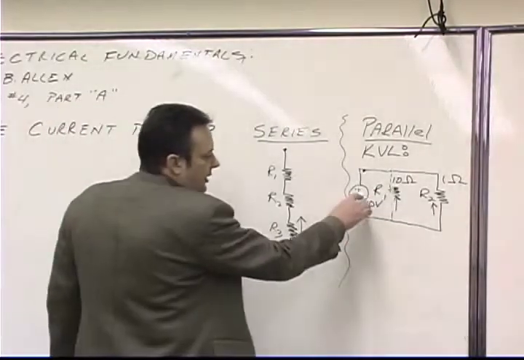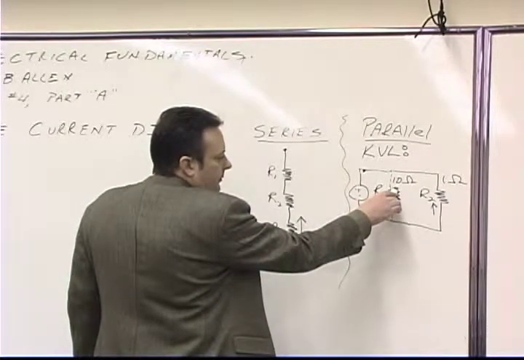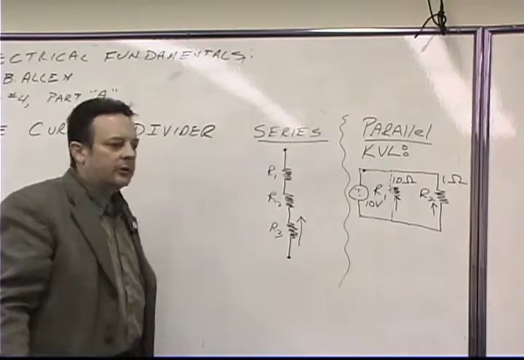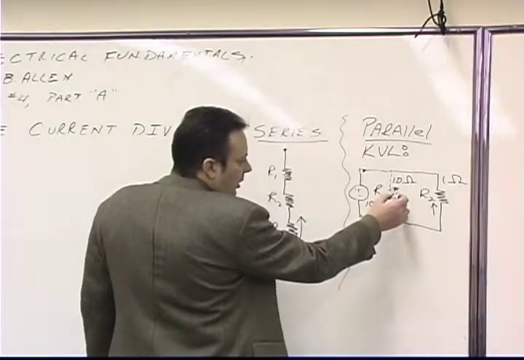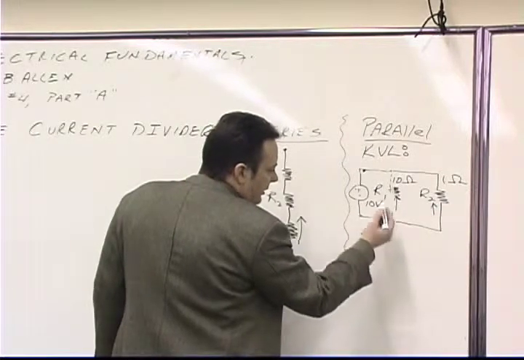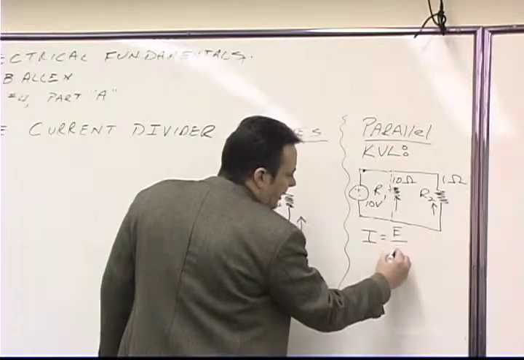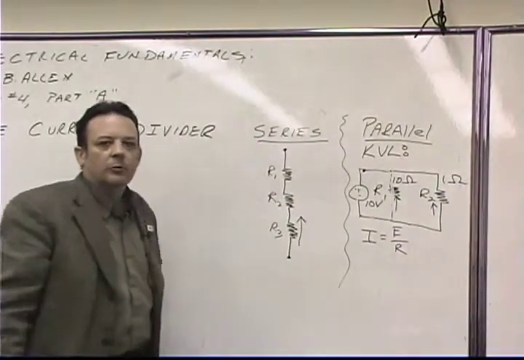So if this were 10 volts right here, then what would the voltage have to be right here? That would also have to be 10 volts. And if we knew what the resistance was, then the current would be very easily calculated. The current would simply be equal to the voltage divided by the resistance, and that comes from Ohm's law.